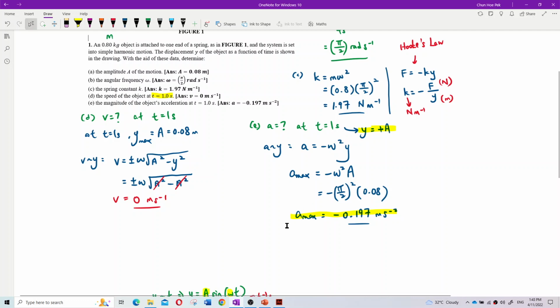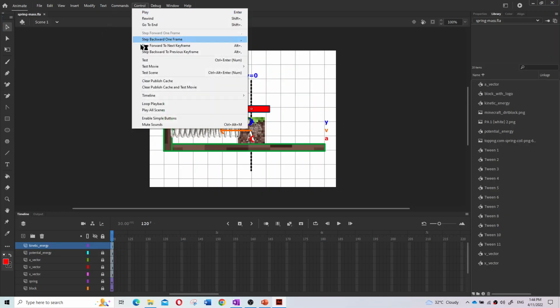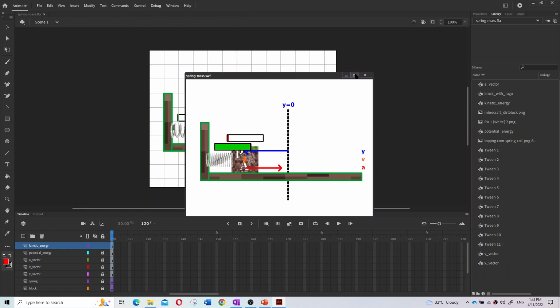So when y is positive, displacement is positive. When this is at maximum displacement, the acceleration is also maximum, but in the negative direction, negative a omega square, the opposite direction. You see that? Let me show this animation again. Do you see that?